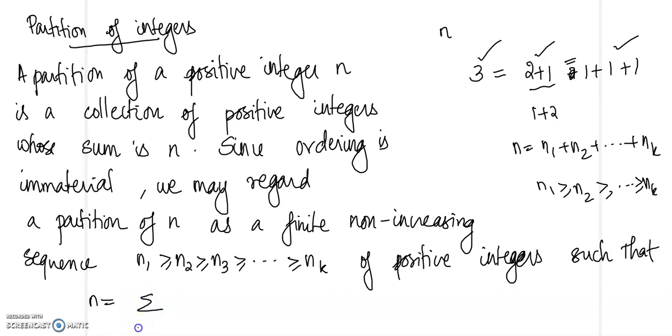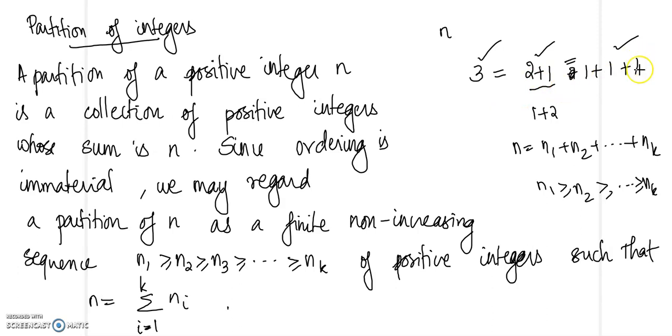So n is equal to summation i equal to 1 to k n i, and we denote the number of different partitions by p of n. So that is the total number of partitions.